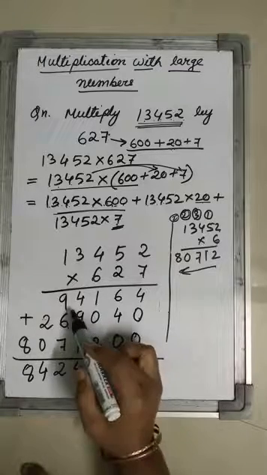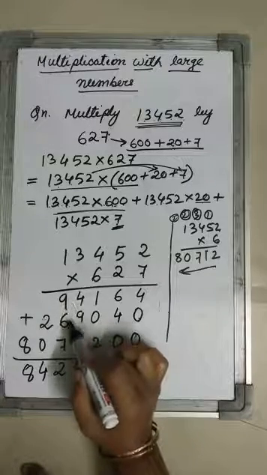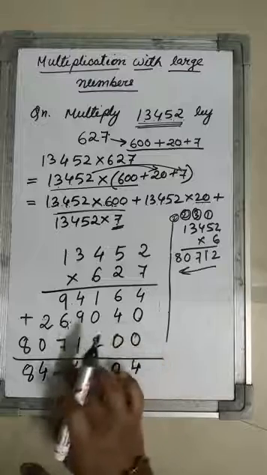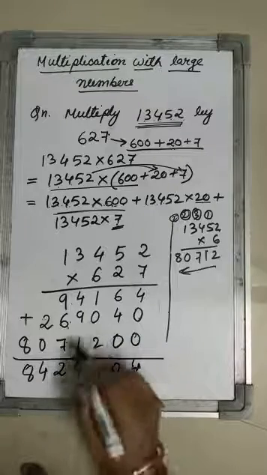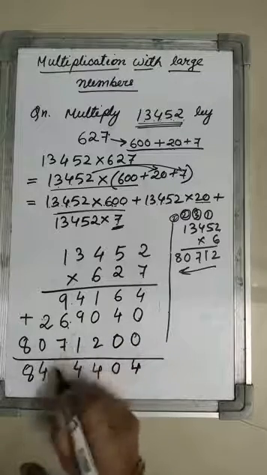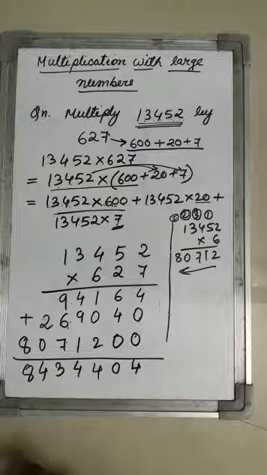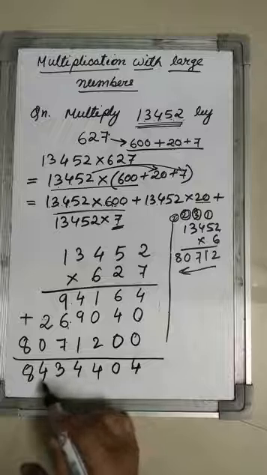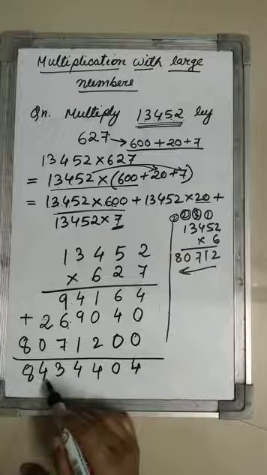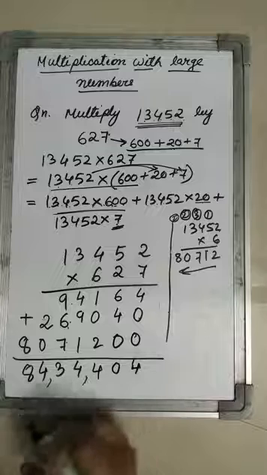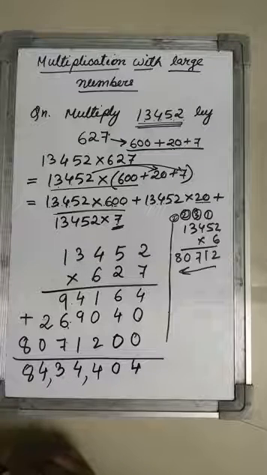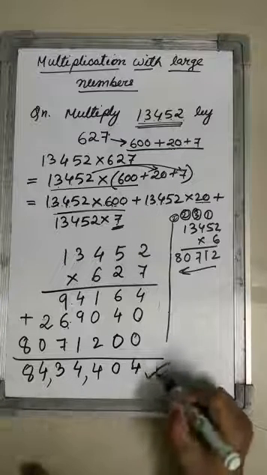Here I made a mistake. 9 plus 6 plus 7, that is 22, and 1 carry was there, so it is 23. So the answer is 84 lakh 34,404. This is the answer.